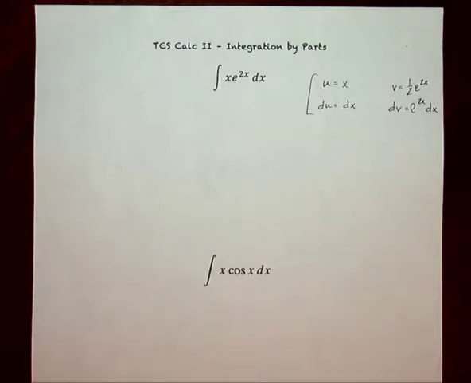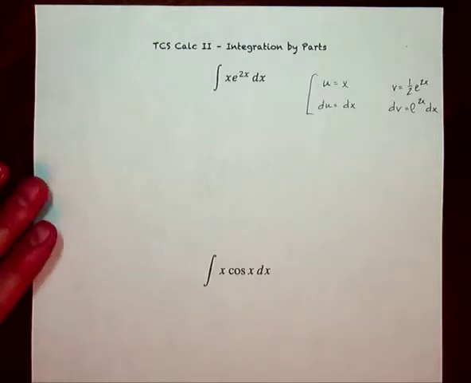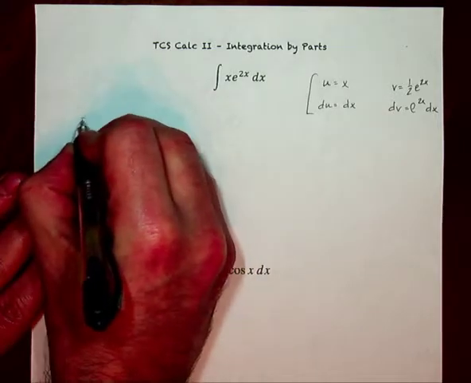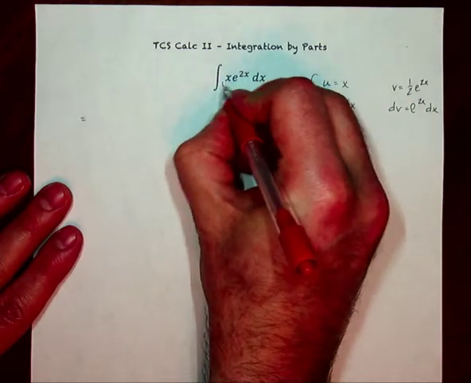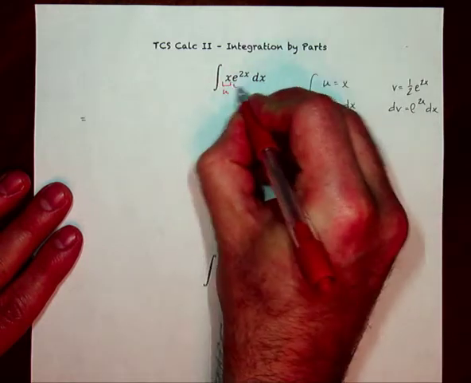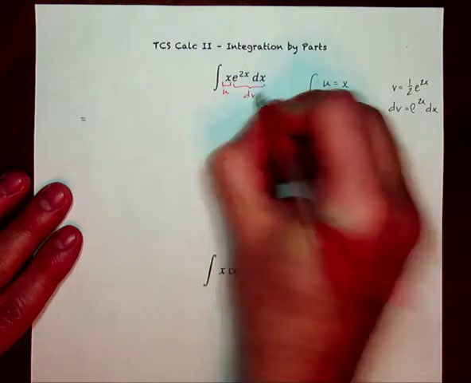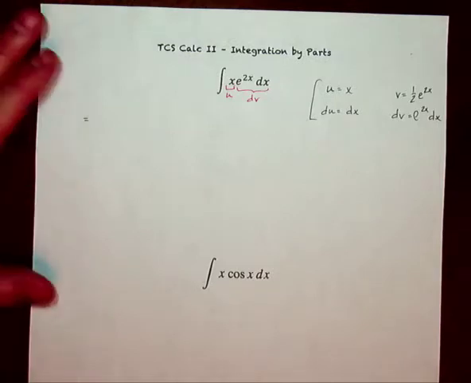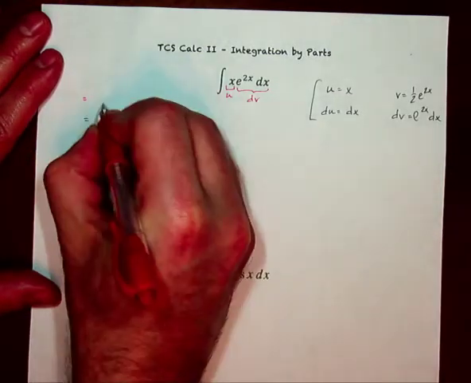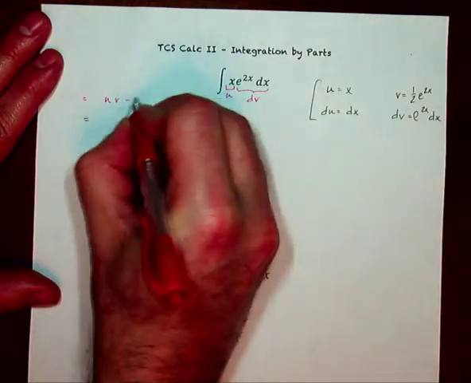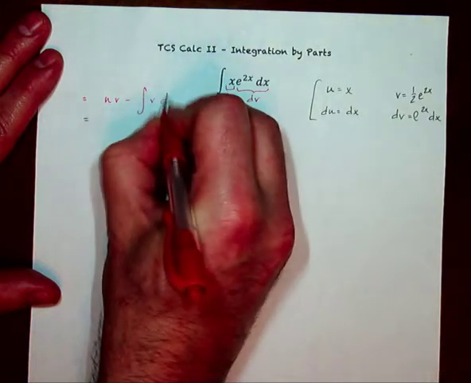All right? Now, what I'm going to be doing from here is if this right here is my u, and this right here is my dv, I need to basically find a uv minus v du.